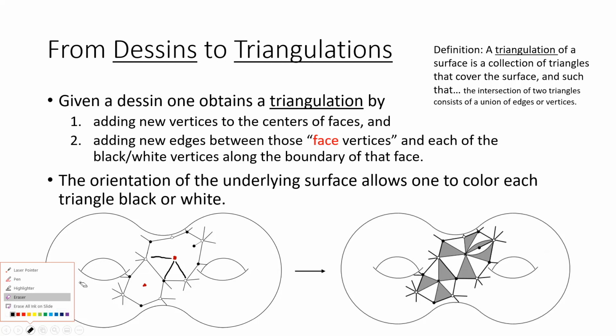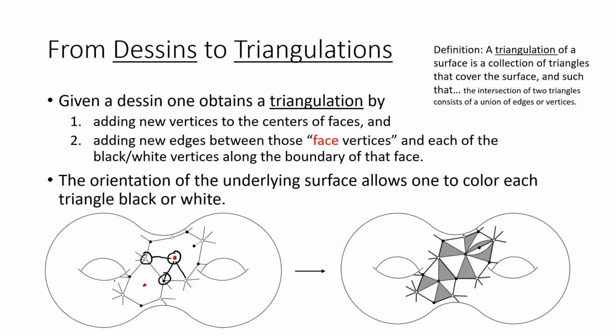Every triangle is going to have a white vertex, a black vertex, and a red vertex, but the cyclic ordering can either be white, black, red, or black, white, red.